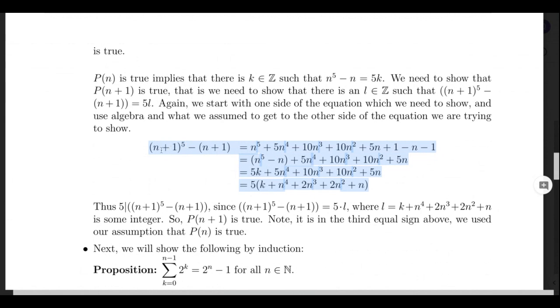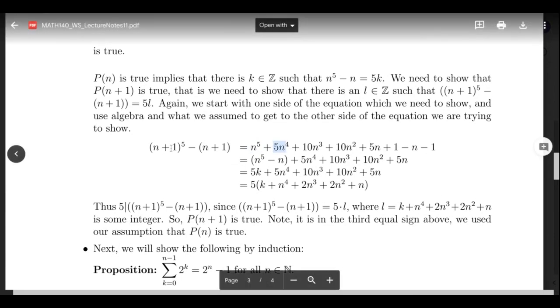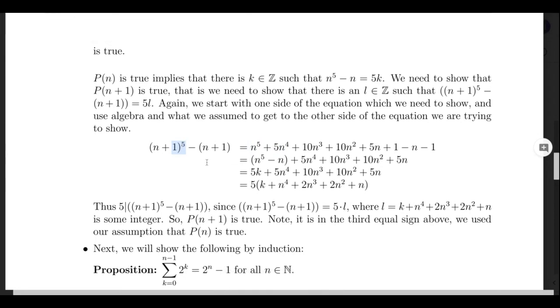N plus 1 raised by 5, the coefficient of the first term would be 5 choose 0, which is one way. The coefficient of the first one would be 1. Then the coefficient of the second one would be 5 choose 1. How many ways? 5 ways. Right? Then this would be 5 choose 3, which is the same as 5 choose 2. So we get these coefficients: 1, 5, 10, 10, 5, 1.